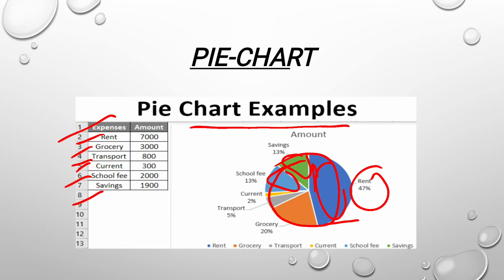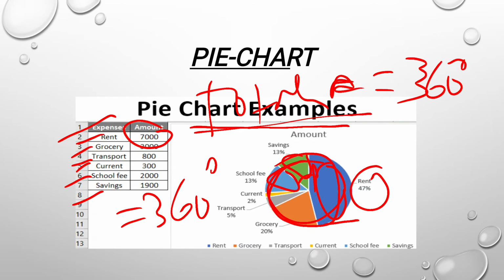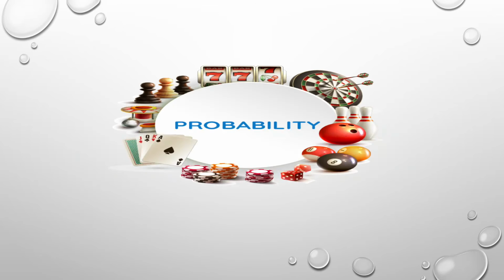As you can see, the complete angle value is equal to 360 degrees. So we will divide this circle into different sectors of different angles based on the amounts. We can equate the total amount to the complete angle, which is 360 degrees. In this way we find the respective angle for each value.